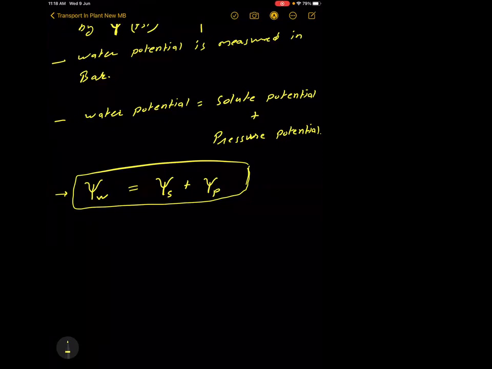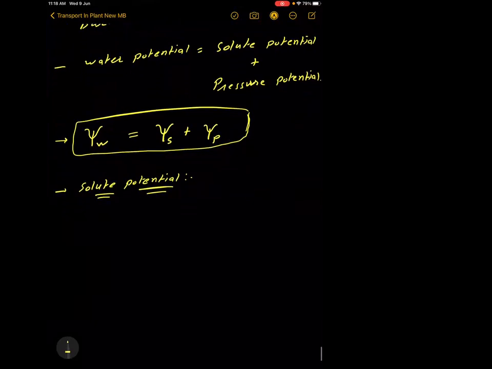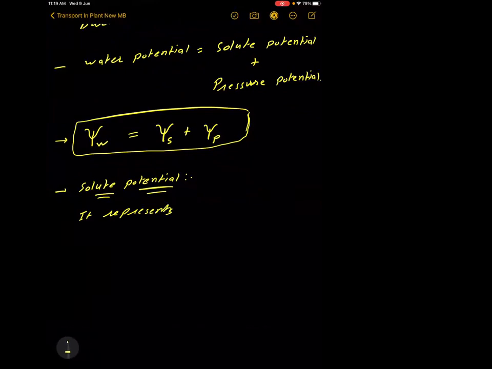First of all, solute potential. Solute potential represents the concentration of solutes in the given solution.